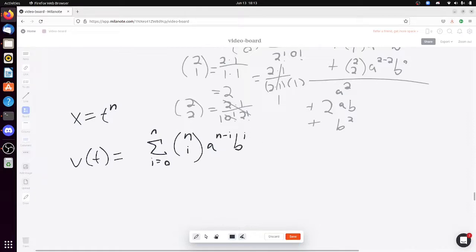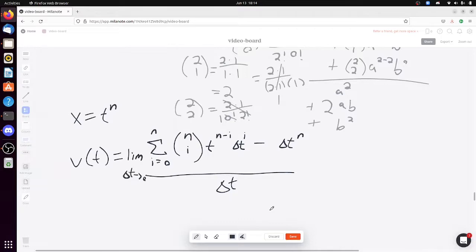Or actually, I should replace a with t and b with delta t, because that's what we're talking about. So t plus delta t minus t to the n, and this whole thing is over delta t. And obviously we're taking the limit as delta t goes to 0.